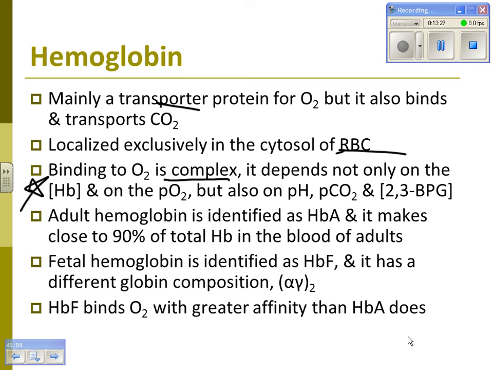We're going to look at that in a much later slide called the Bohr effect. And there are different types of it, so there's a fetal version of it that behaves differently. We talk about the adult hemoglobin, HbA, which is most of the hemoglobin in the blood of the adults.